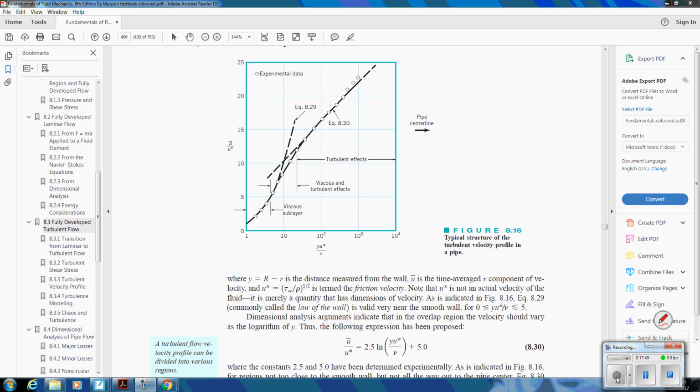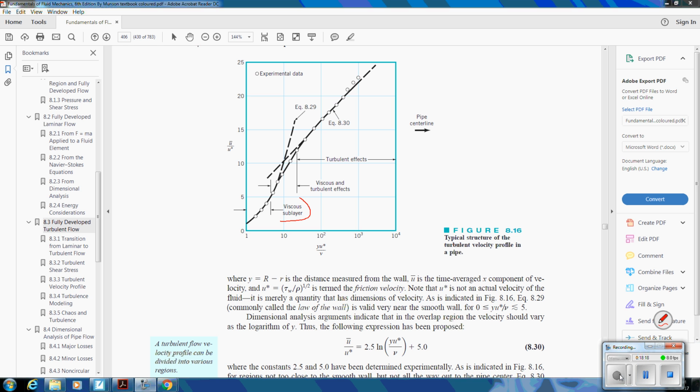Here, if we do dimensional analysis, this is what we get for the typical structure of the turbulent velocity profile in the pipe. And let's take a look. As we said, if we look at the axial velocity, the velocity profile can be broken down into 3 layers.